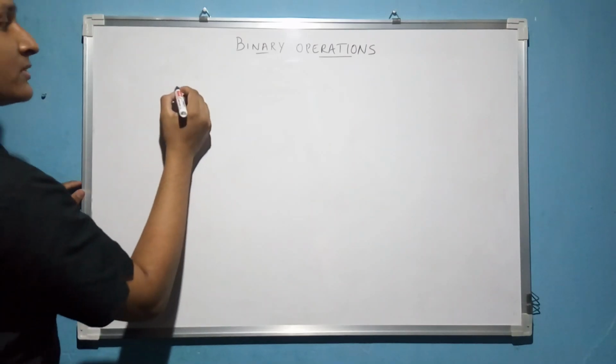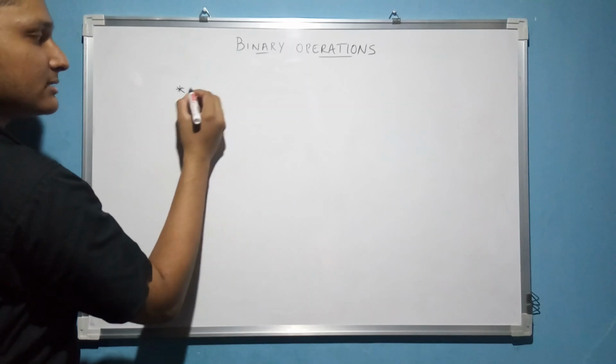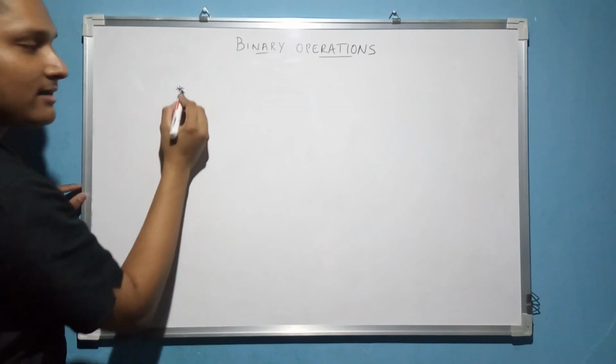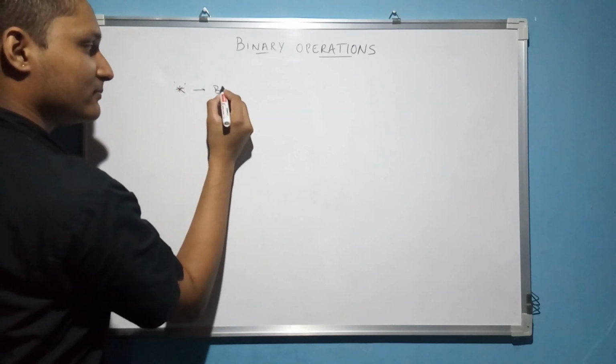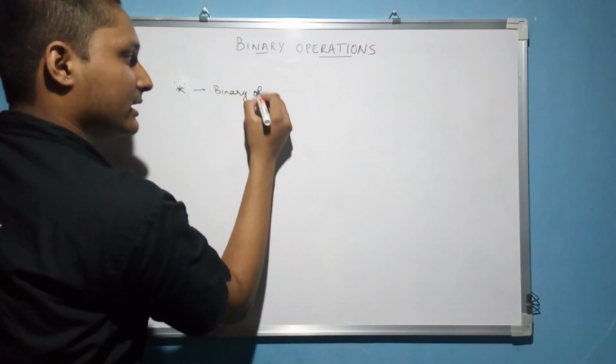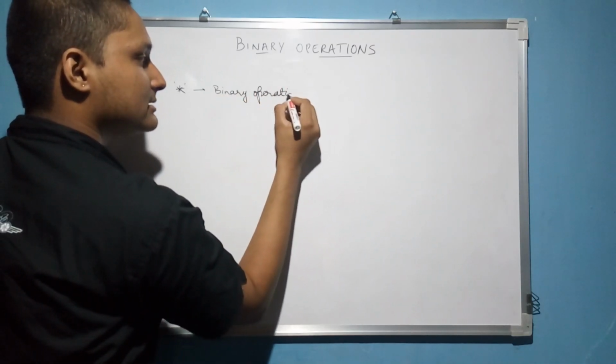So a general form of a binary operation, let me call star as a binary operation. And how do I define this?